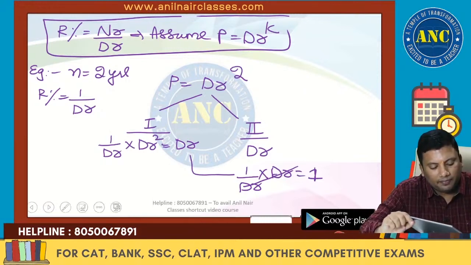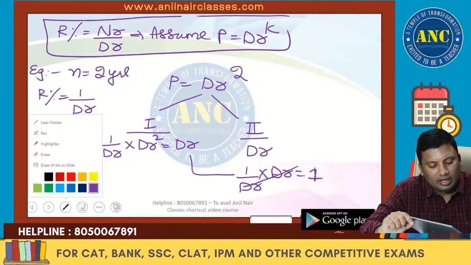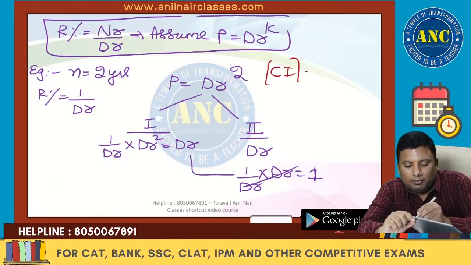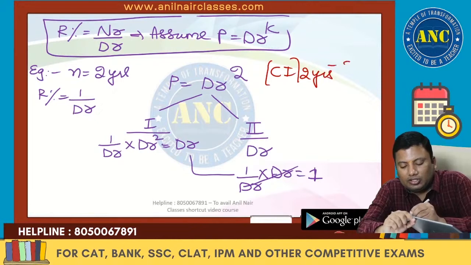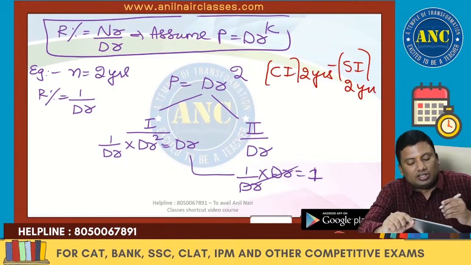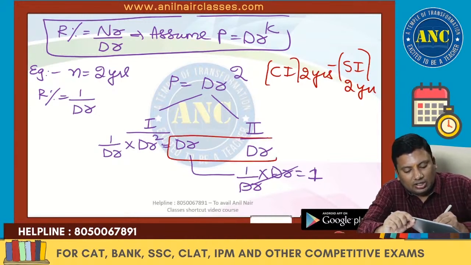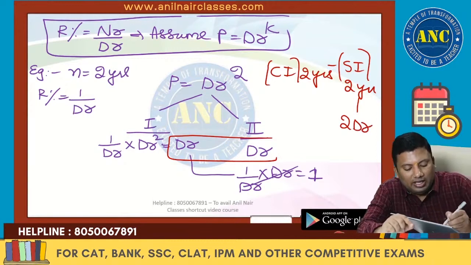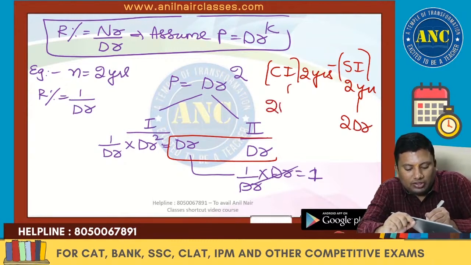Now see here. Now I want CI for 2 years minus SI for 2 years. SI for 2 years is 2dr. Are you with me? Total CI for 2 years is 2dr plus 1.